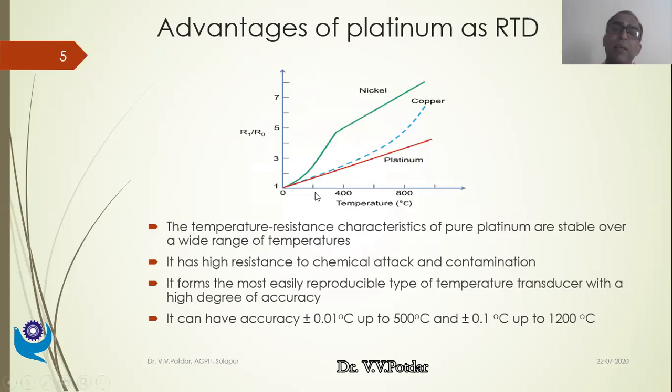Now you can see you have temperature on the x-axis and the ratio of resistance at the desired temperature to the reference resistance at 0 degrees Celsius. This ratio provides me the resistance ratio corresponding to delta T. So this is called normalized resistance.